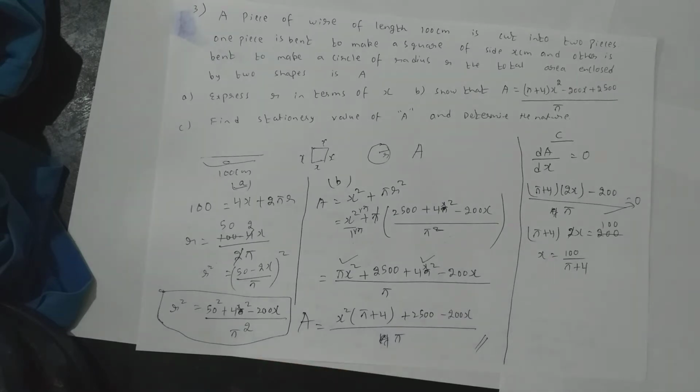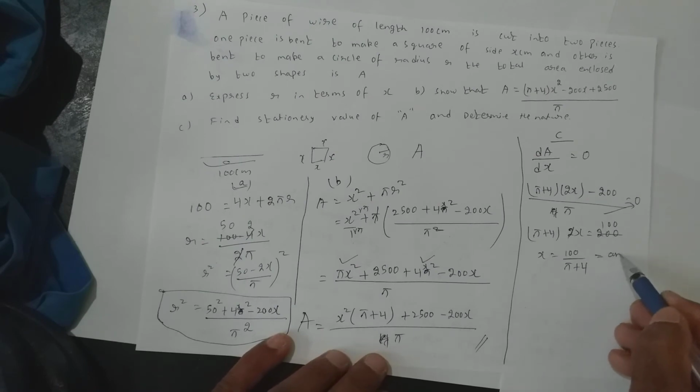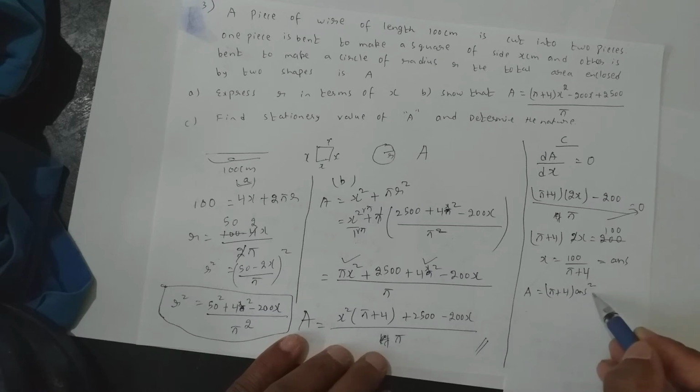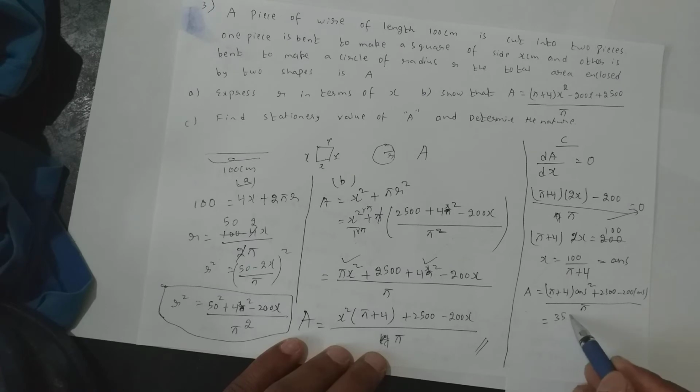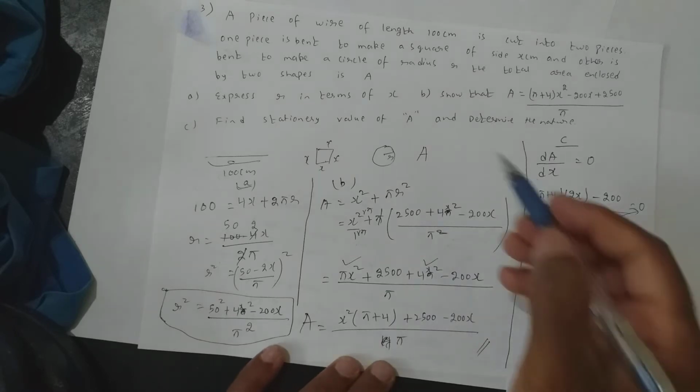But I want the stationary value of A. So again, place this in the calculator and use that answer to get A. A equals (pi plus 4) into answer square plus 2500 minus 200 into answer, by 4 pi, will give you the answer for A to be 350. Are we clear? Moreover, he wants us to determine the nature.